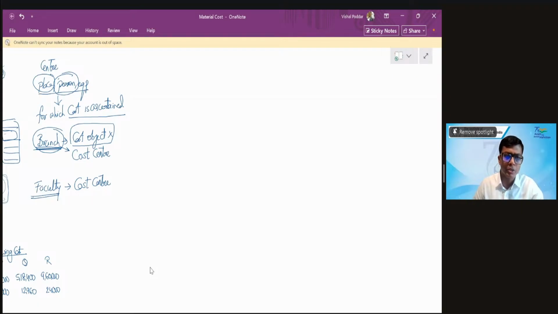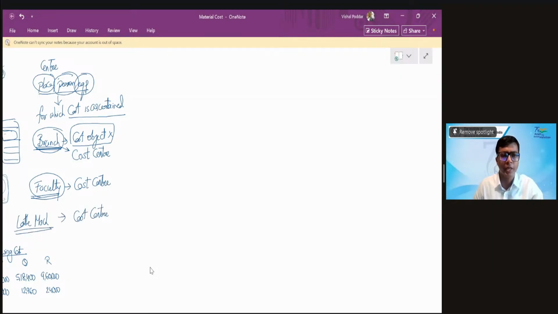Similarly, instead of a person, where my work is done by different machines. So let us say I use different types of machines and I would like to know my cost of running, let us say, a lathe machine, which is doing some type of activity. So I now do costing of this lathe machine. Again, this machine is not my product.